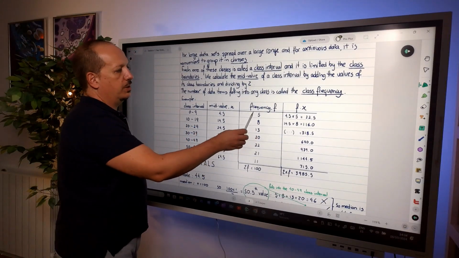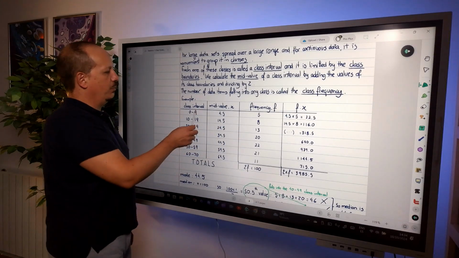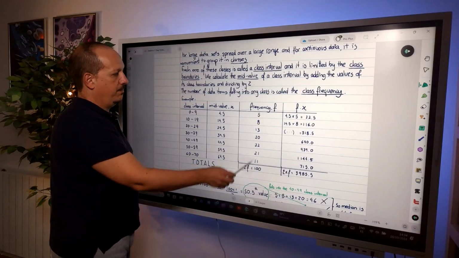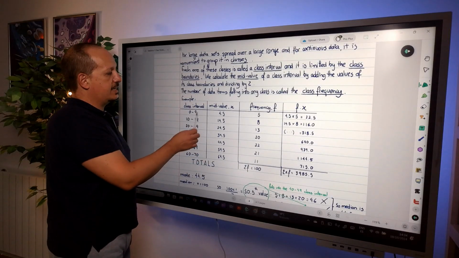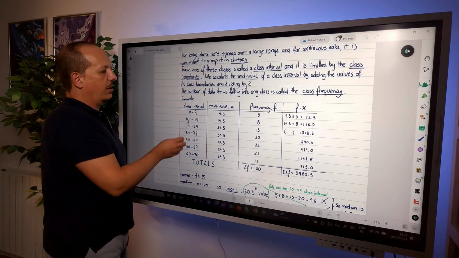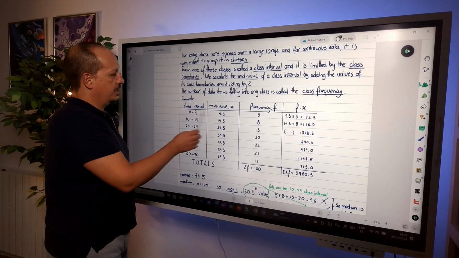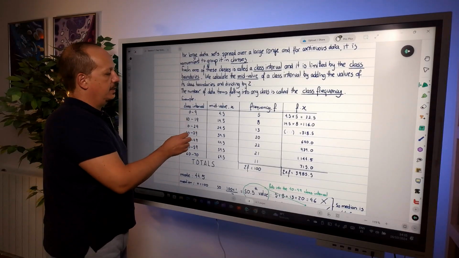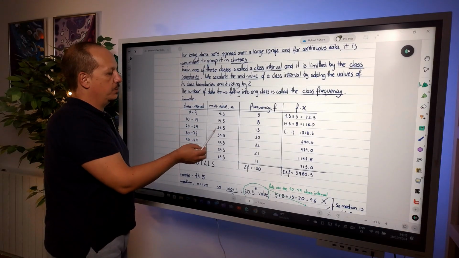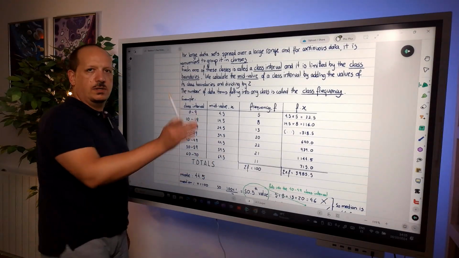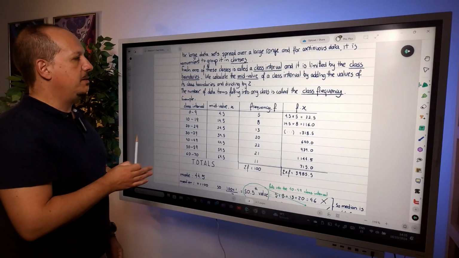This corresponds to the number of occurrences within this class interval for each one of them. And for each class interval, you can get the mid-value by adding these two and dividing by 2. So in this case, 0 plus 9 divided by 2 is 4.5. 10 plus 19 divided by 2 is 14.5, etc. All right? This is going to be important to calculate, for example, the mean.